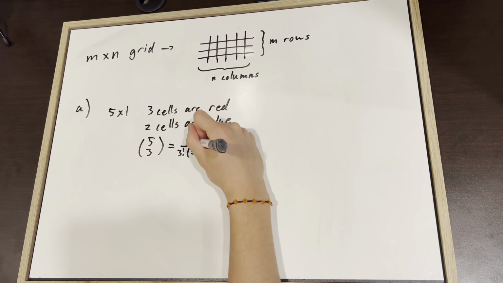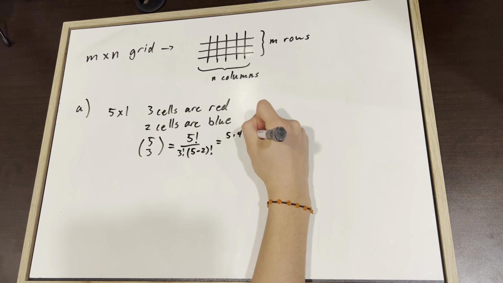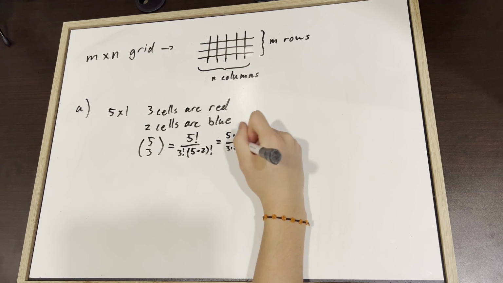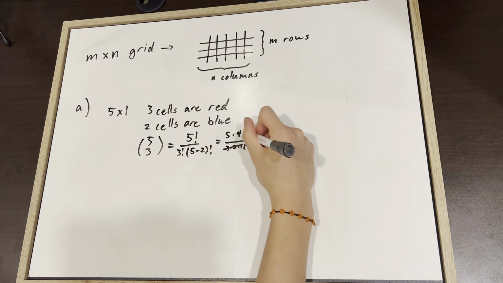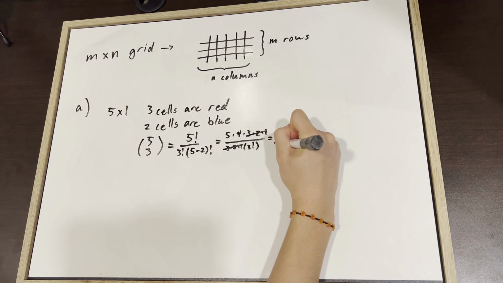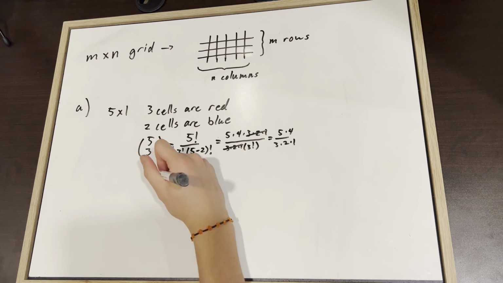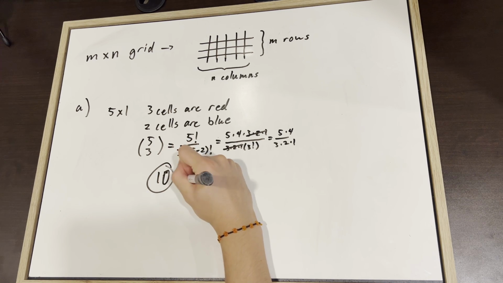If we work this out, we'll get 5 times 4 times 3 times 2 times 1 over 3 times 2 times 1, and this is 3 factorial. We can cancel these out, and then we're left with 5 times 4 over 2 times 1. Calculating this out, we see that this equals 10 different ways.